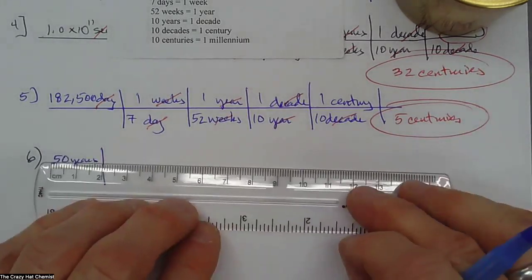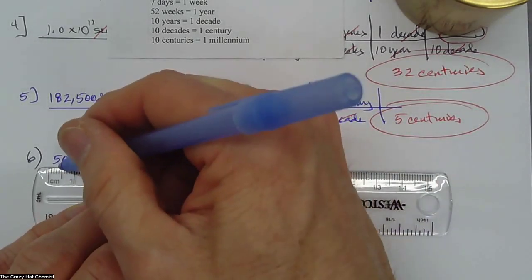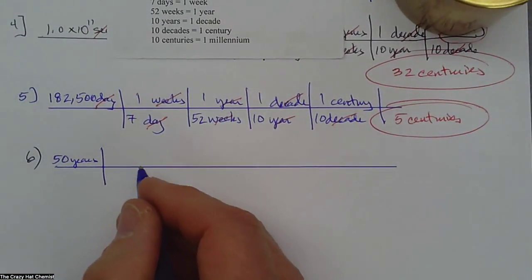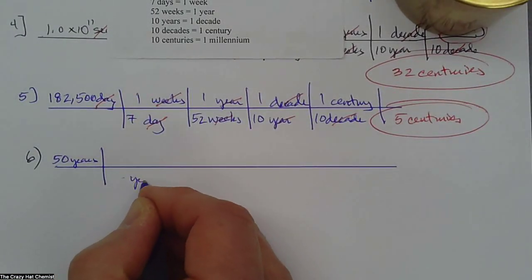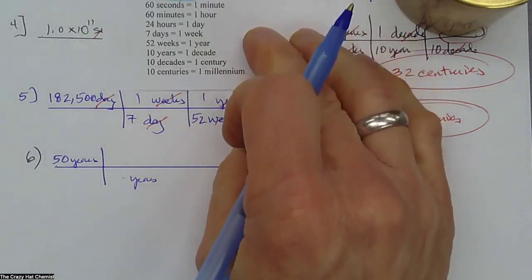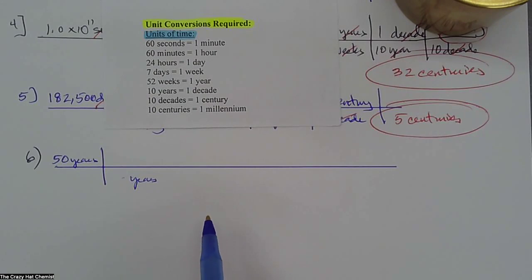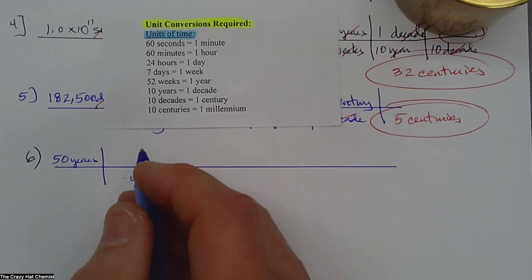So vertical stop and a horizontal line. What goes down here? Years. And I am going to put my unit conversions right up here. I want to end with seconds. So I have years. From years, I can go to weeks.